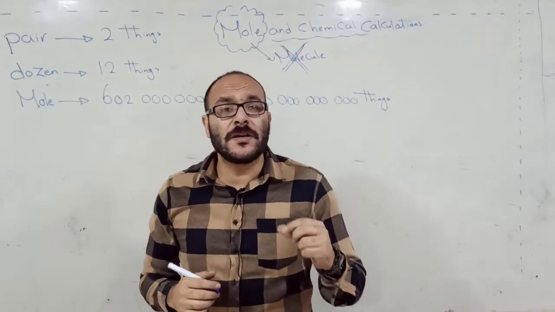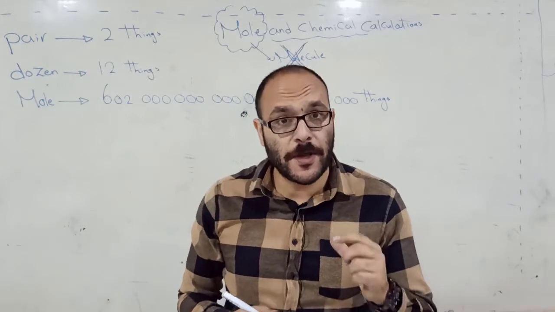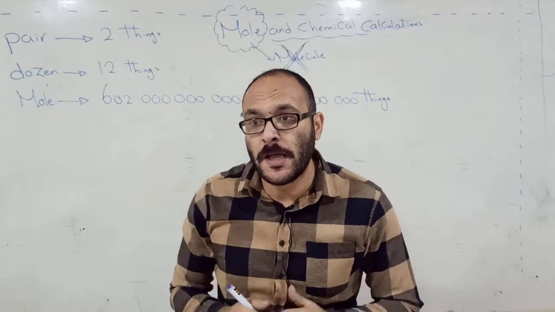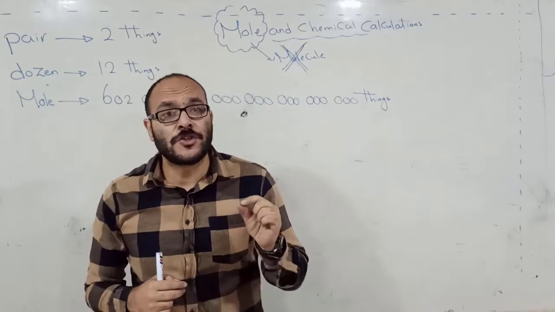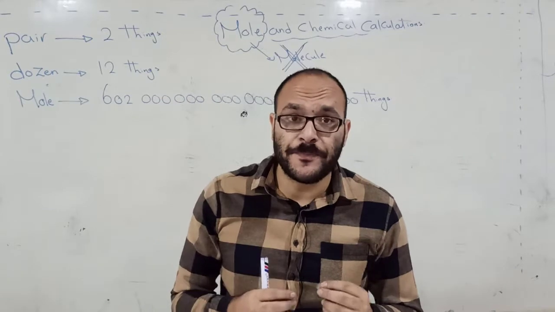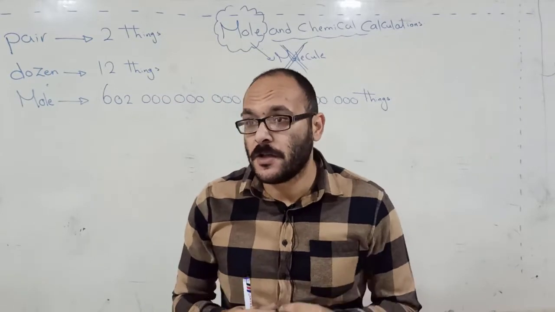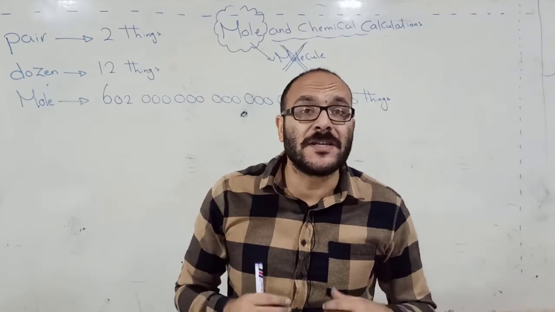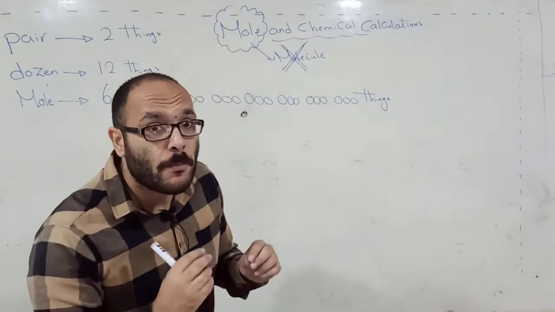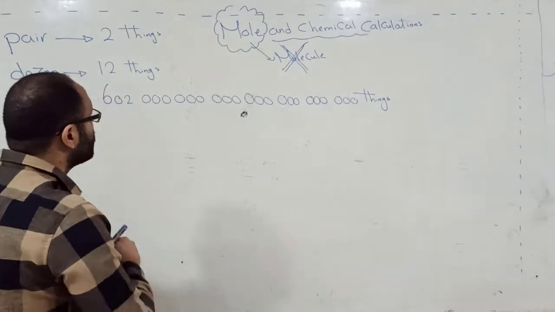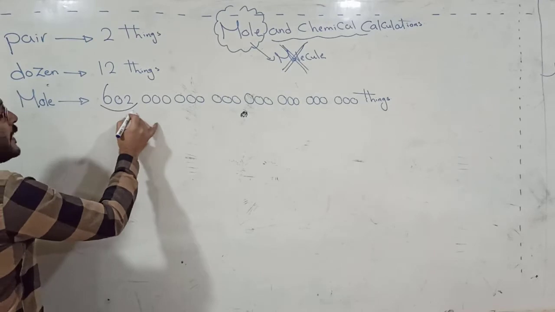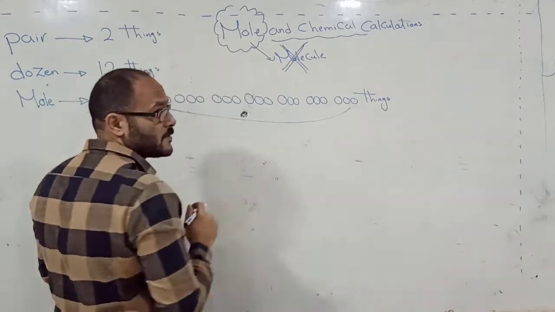What do I mean when I say pair? Pair means two things. What do I mean when I say dozen? Dozen means 12 things. Also, what do I mean when I say mole? Mole means 602 hexillion things.